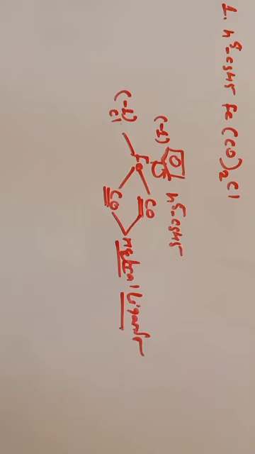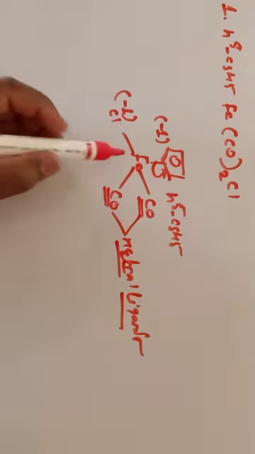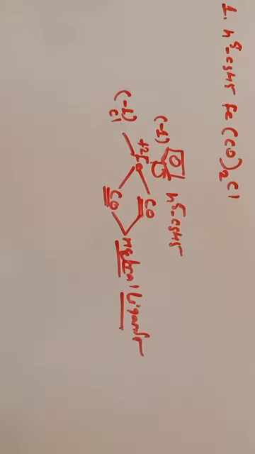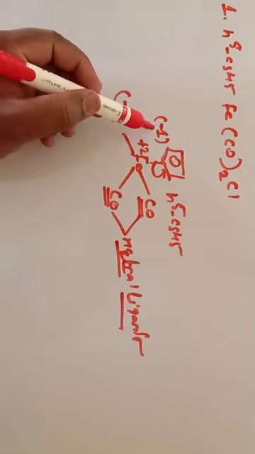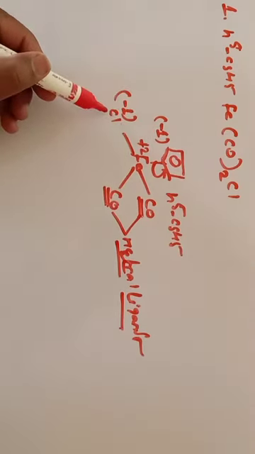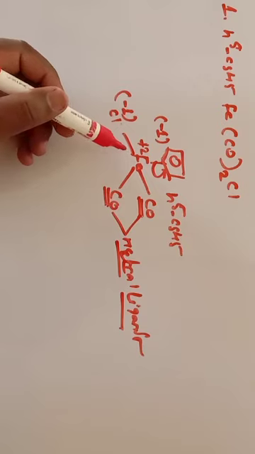Now to find the electron count, due to these -1 charges, Fe is in the +2 oxidation state. You should remember the cyclopentadienyl has a -1 charge and the chlorine has a -1 charge, so the oxidation state of the metal is +2.